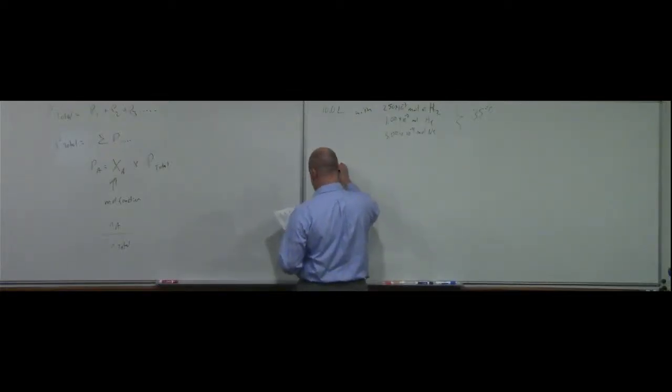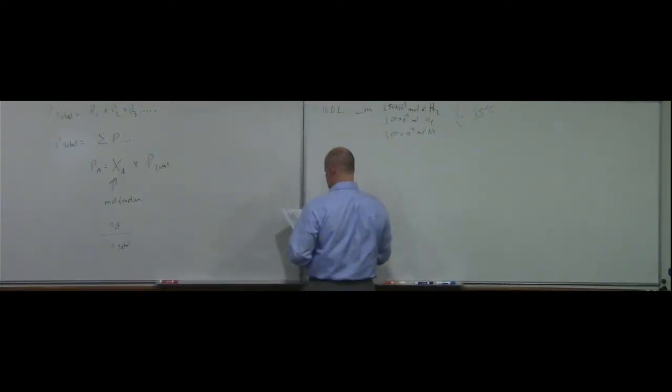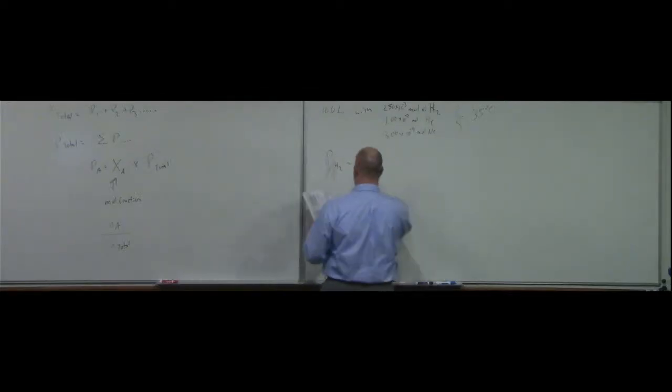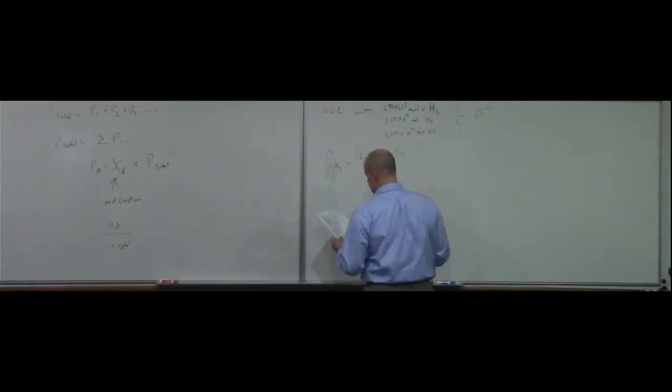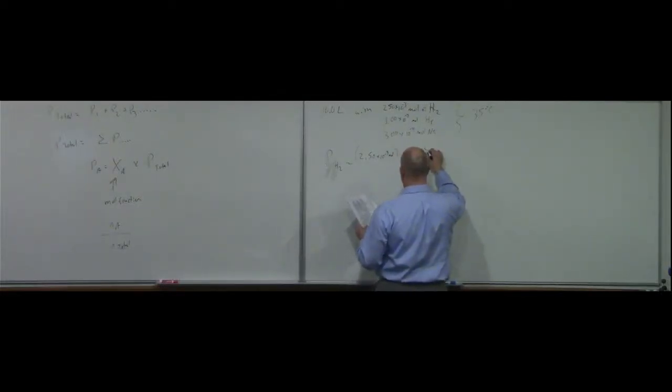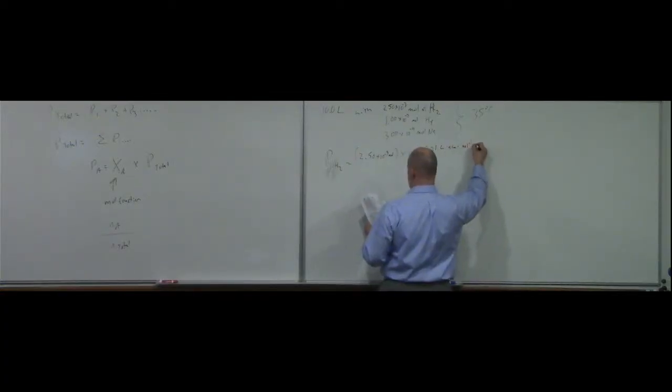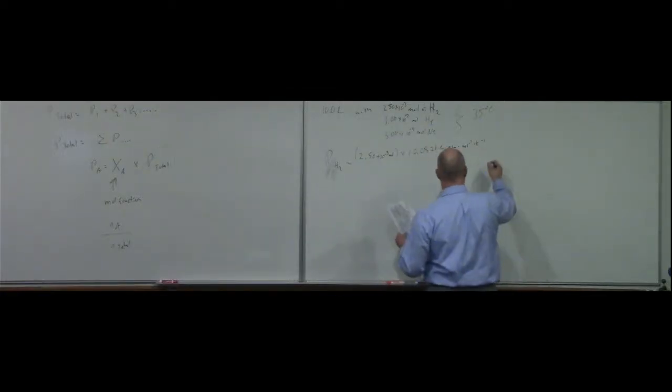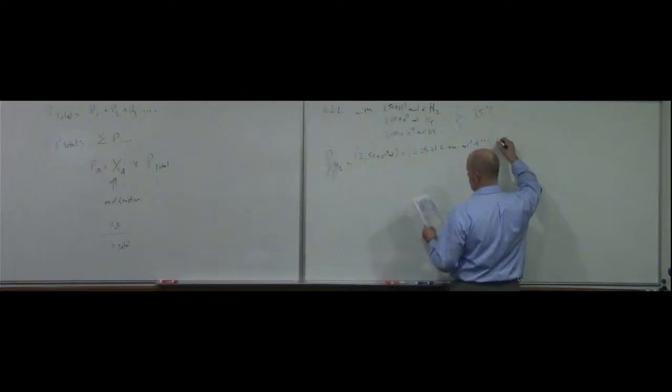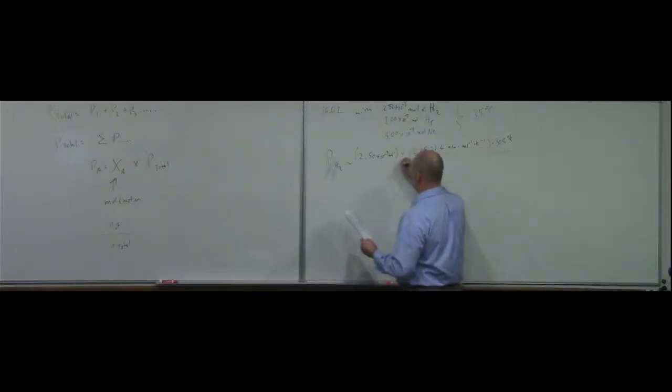Pressure of H2 is 2.50 times 10 to the negative third moles times 0.0821 liters atmospheres per mole degrees Kelvin, times temperature, which is 308 degrees Kelvin, and divide that by 10 liters.